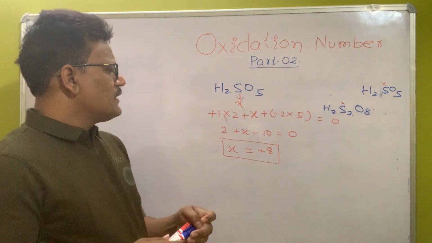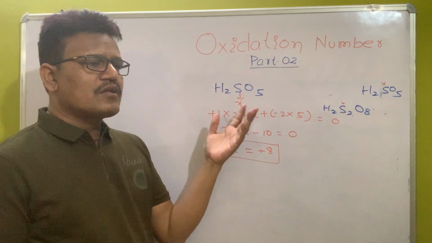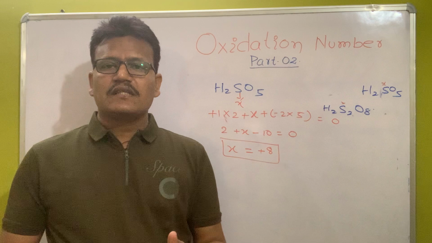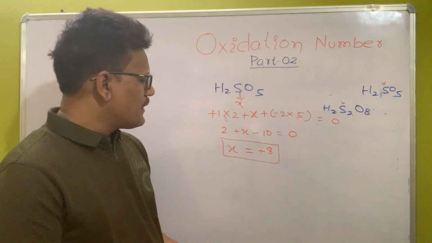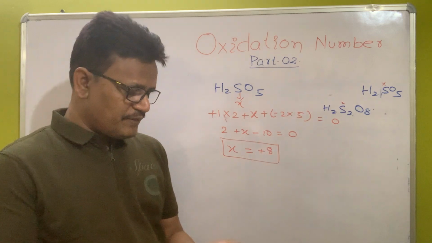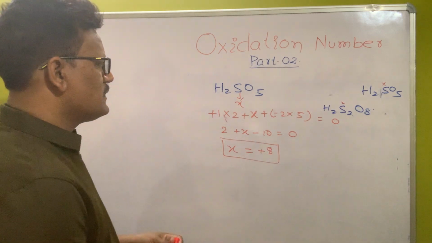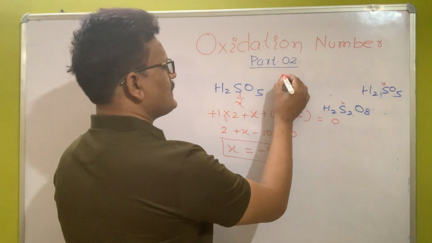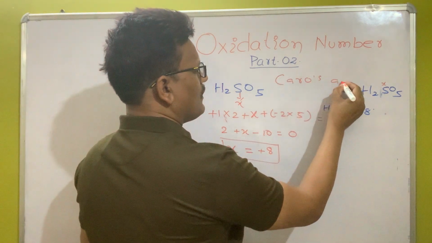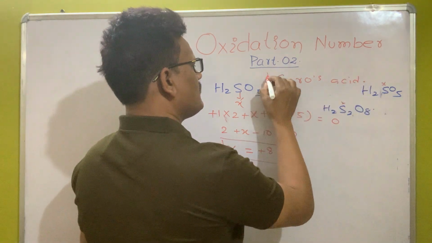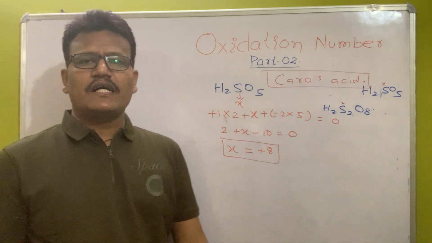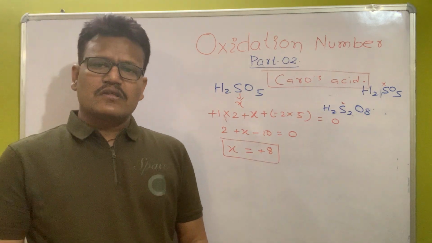It must be +6 or less than +6, but not more than +6. So what has happened in the case of H2SO5? H2SO5 is also known as Caro's acid. You must remember its common name, Caro's acid. H2SO5 is called Caro's acid.